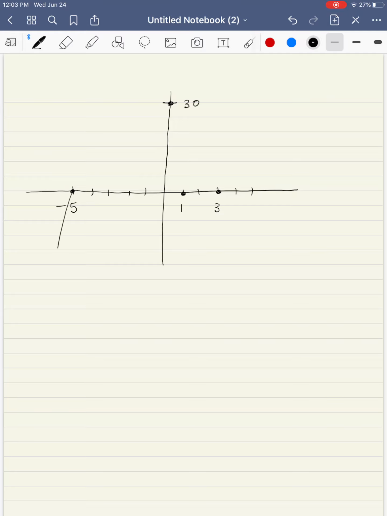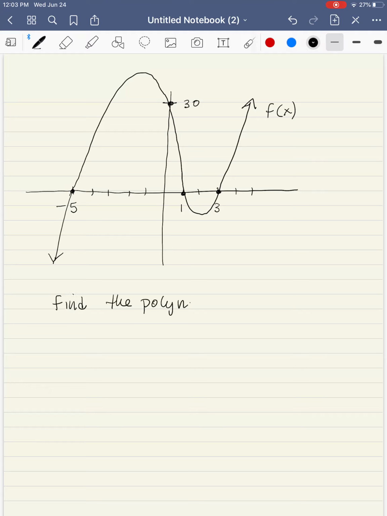And we further know that it crosses the y-axis at 30. And it looks like this. And we want to find the polynomial, f of x.